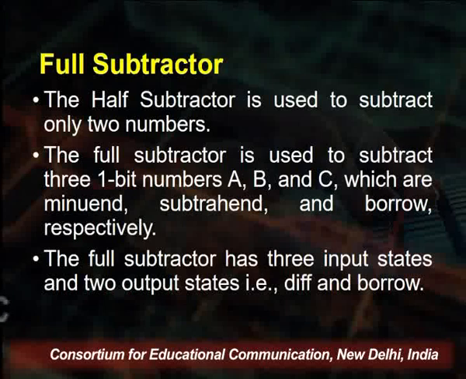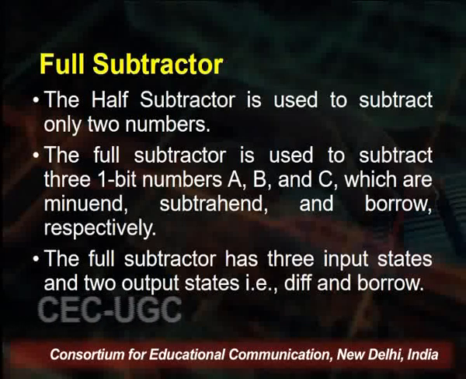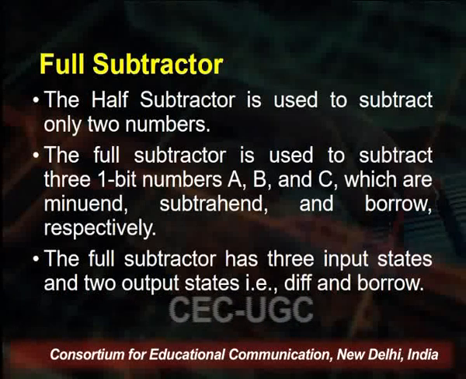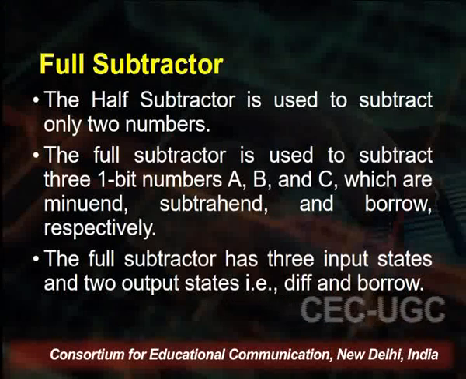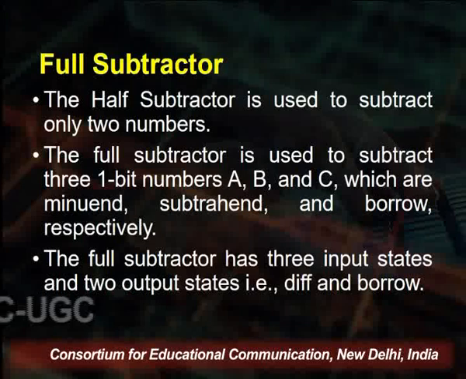The half subtractor is used to subtract only 2 numbers, whereas that's not what we do in our real life. We also have multiple other operations or multiple numbers being used for a subtraction operation. So to remove that drawback from a half subtractor circuit, we will have another circuit called a full subtractor.